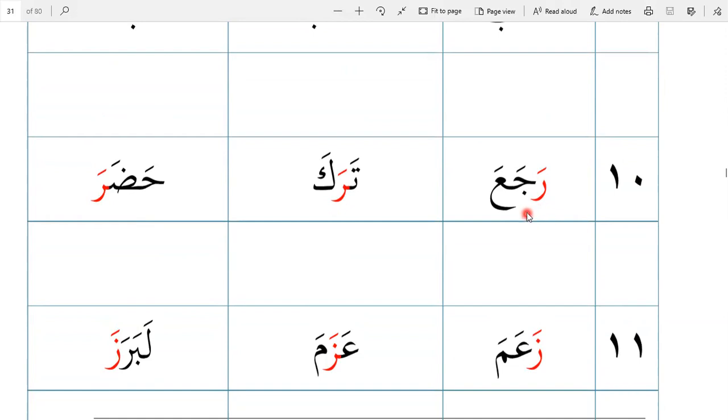Ra, ja, a. Ta, ra, ka. Ha, do, ra. Two heavy letters at the end.